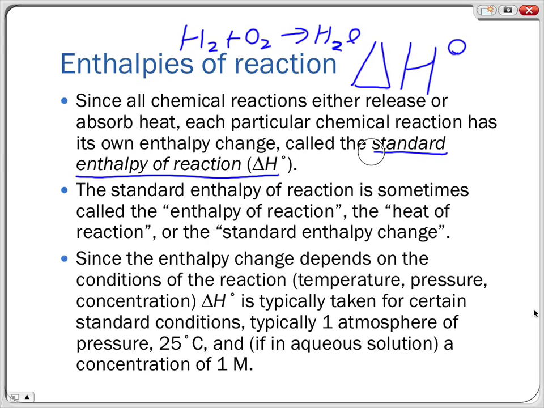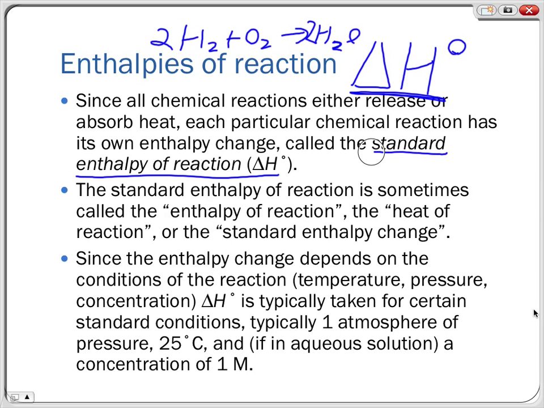Because we have 2 oxygens here, only 1 here, so we put a 2 out front here, put a 2 out front there. So this particular reaction, 2H2 plus O2 yields 2H2O, has its own particular value for the standard enthalpy of reaction, delta H naught. So this would be what the standard enthalpy of reaction is.